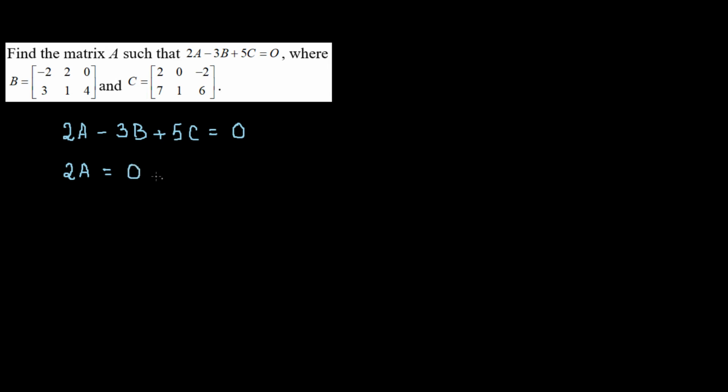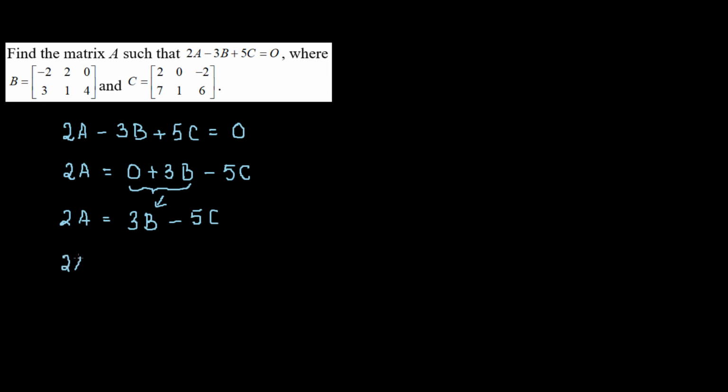So that should give us O plus 3B minus 5C. So 2A is equal to, now this is a 0 matrix which when added to 3B gives us 3B, minus 5C.